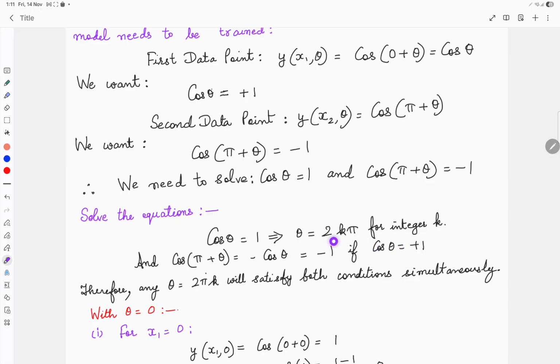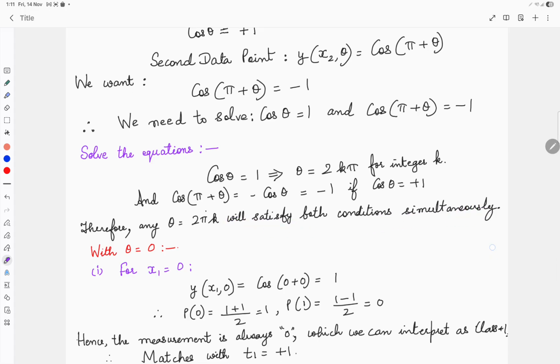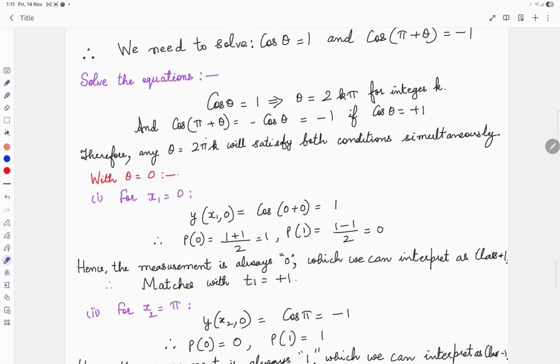So in both the cases, the theta values should be 2k pi. Therefore, any theta equal to 2 pi k will satisfy both conditions simultaneously. Now let us choose a theta value. For example, theta is 0. That is the value we will choose as a parameterized value for our training purpose.